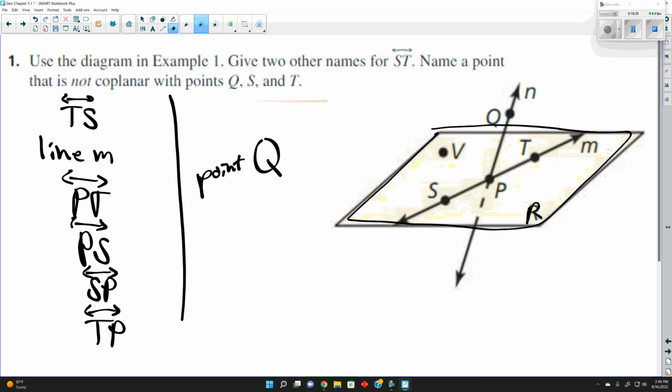Now R named the plane, M named the line. So the ones we're looking at are T, P, S, and V. Those would be coplanar. They'd be on the same plane. So the only one that's not on the plane is Q up here. Questions on this here?